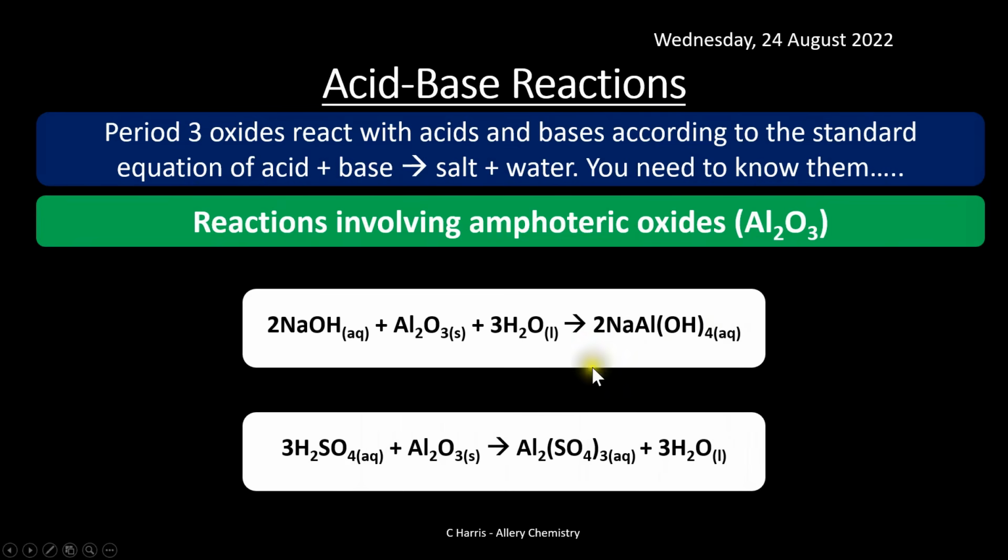And also, obviously, aluminium oxide acting as a base here, because it's reacting with an acid, will form aluminium sulfate, which is here, plus water. So aluminium oxide, Al2O3, can act as an acid, which is here, or a base. So it's amphoteric, as I mentioned before.